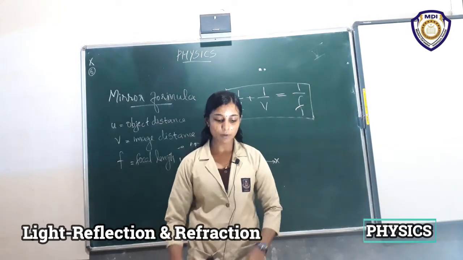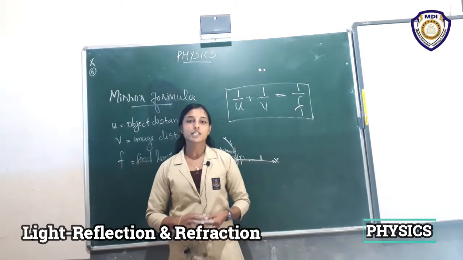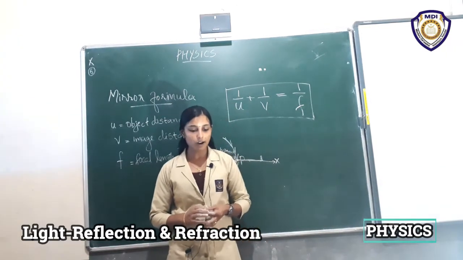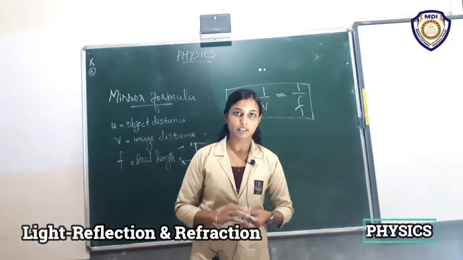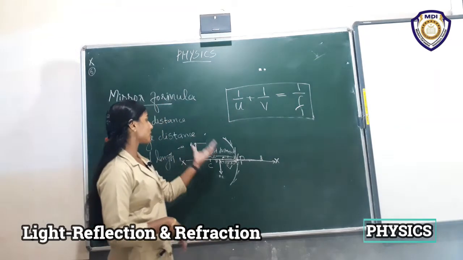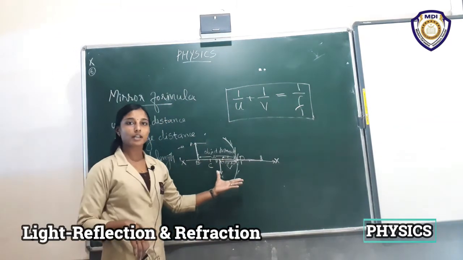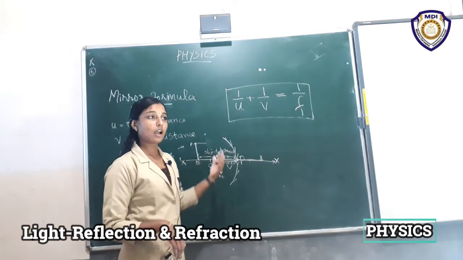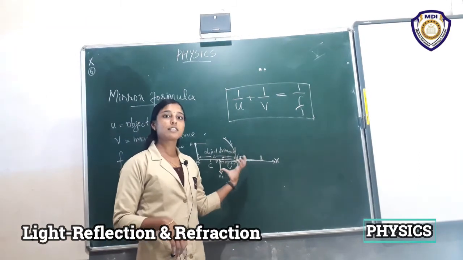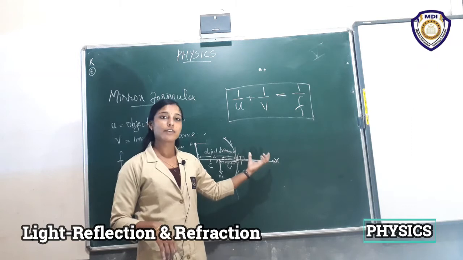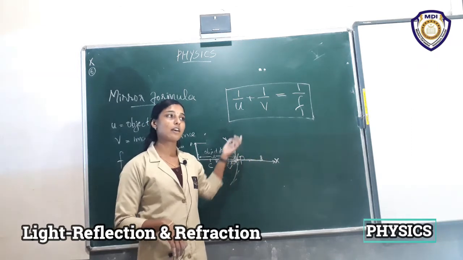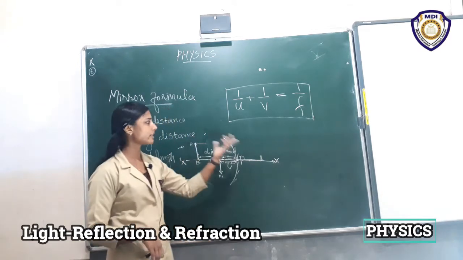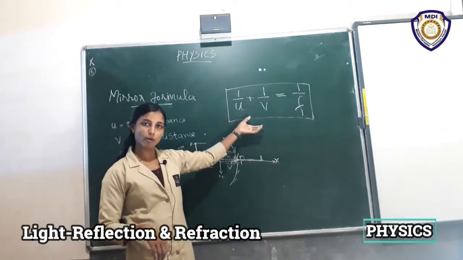This mirror formula is valid in all situations, for all spherical mirrors and for all positions of the object. We have already discussed so many cases in the concave mirror: object at infinity, beyond C, at C, between C and F, at F, and between F and P. In all these cases this mirror formula is valid.